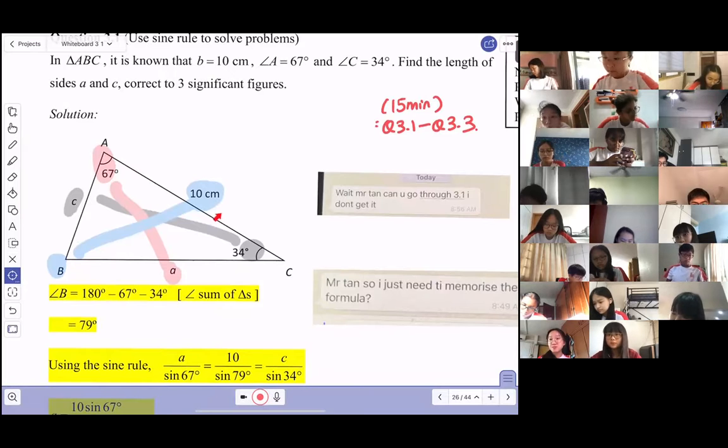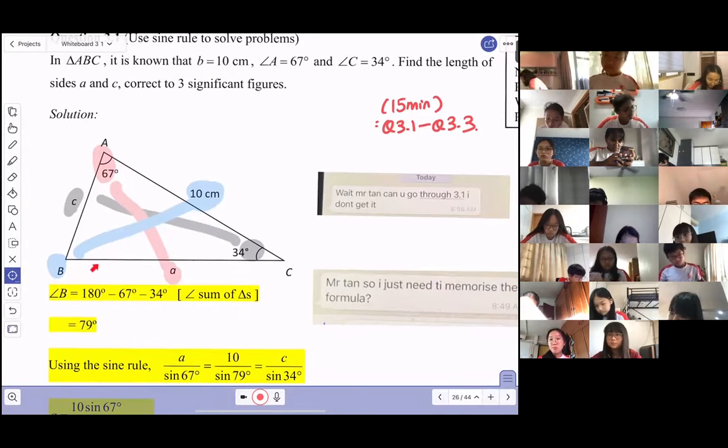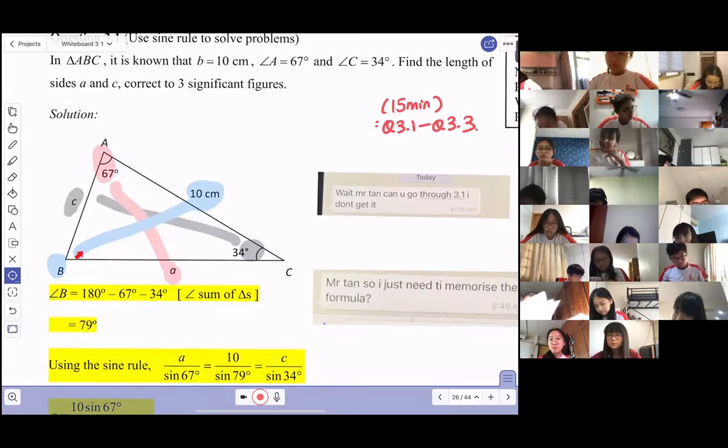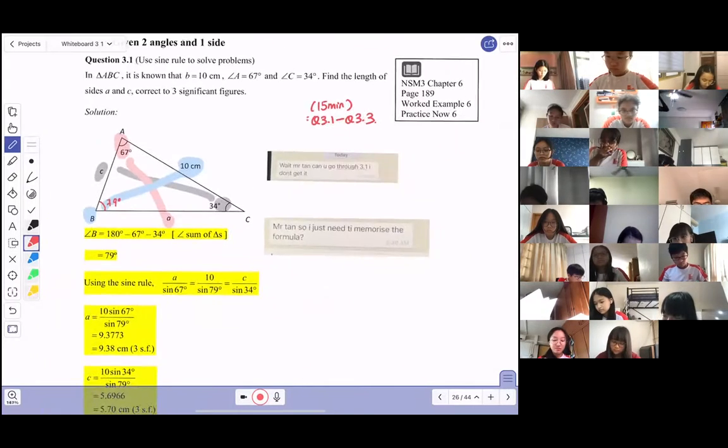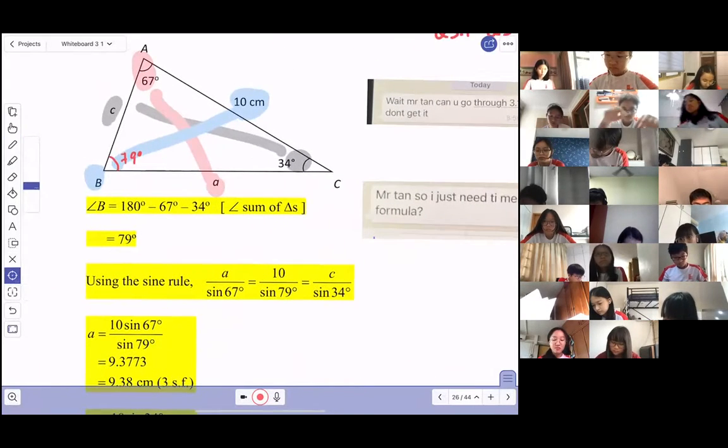The funny thing is, if I give you 2 angles, you can easily find the third one. That's a JH1 fun fact. So it is 79 degrees. From here, using the sine rule, you can come up with the equation.